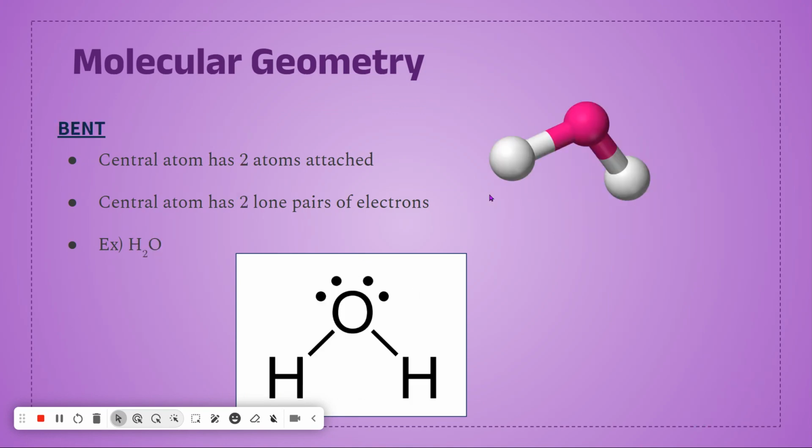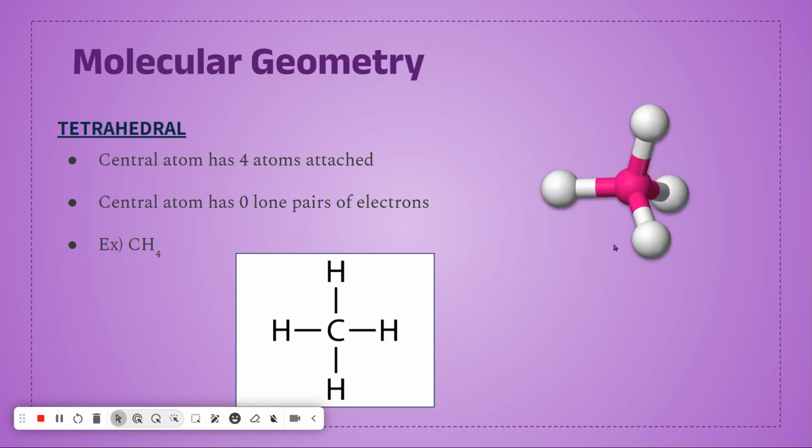Third shape is bent, and bent has 2 atoms and 2 pairs of electrons on the central atom. So again, those electrons sit up there on top of the oxygen, they kind of push down on the hydrogen, making this be a bent molecule. And then finally, tetrahedral. Tetrahedral has 4 atoms attached, no lone pairs. An example is CH4 or methane.